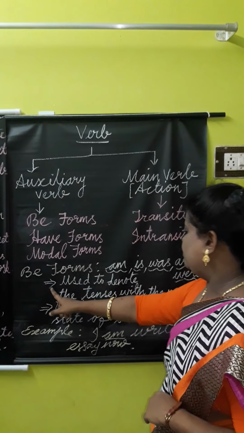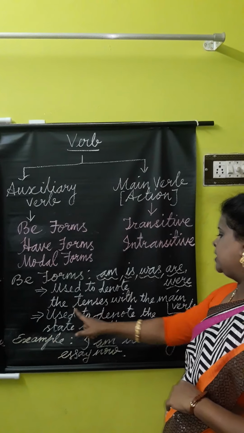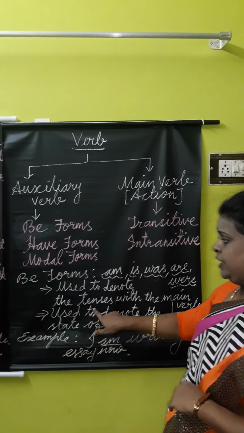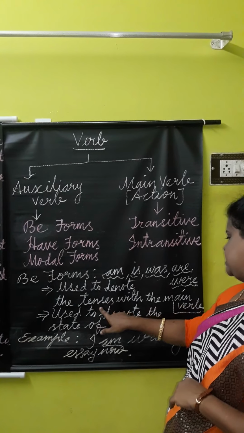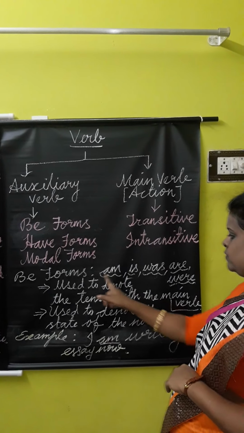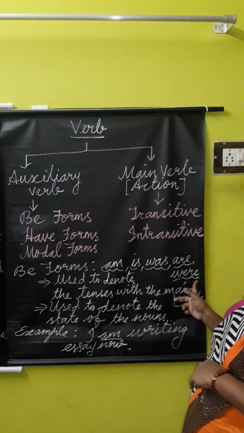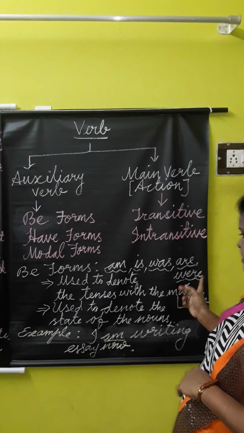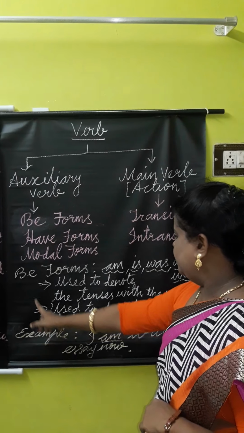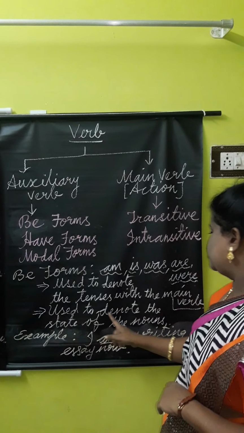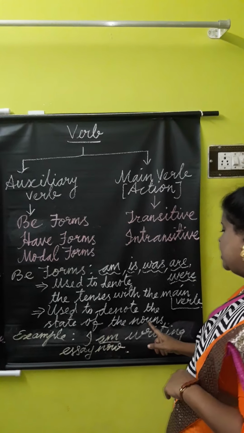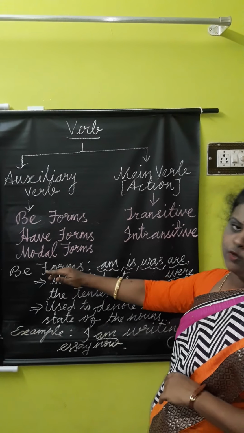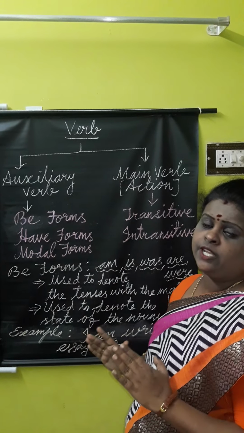See, be forms are used to denote the tenses, mainly the continuous tenses, with the main verb. And next, be forms are used to denote the state of the nouns. Sometimes these be forms will be used to denote the state of the nouns.